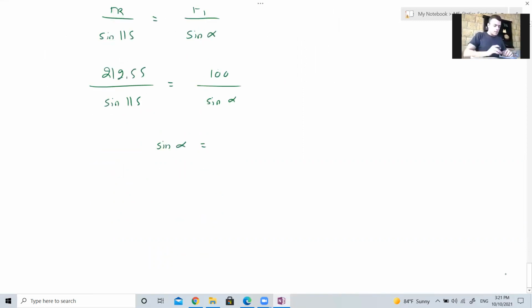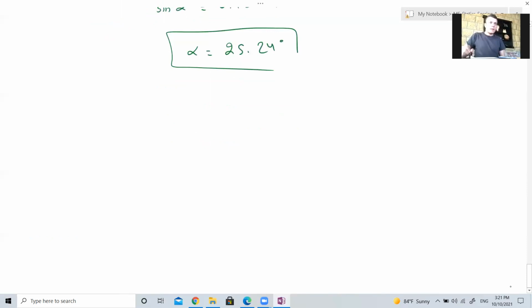Sin alpha is 0.4264, and alpha would be equal to 25.24 degrees.